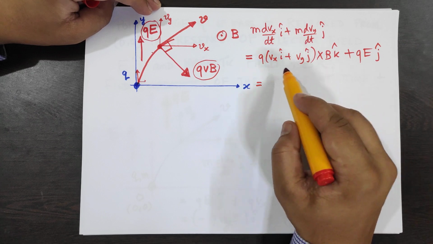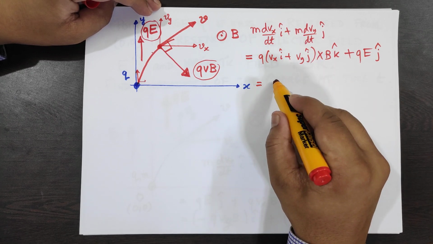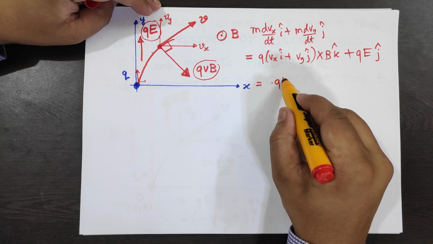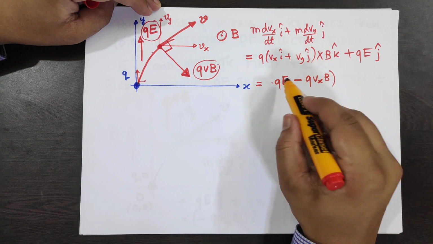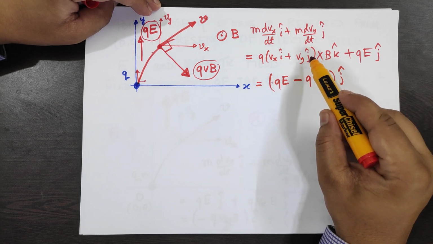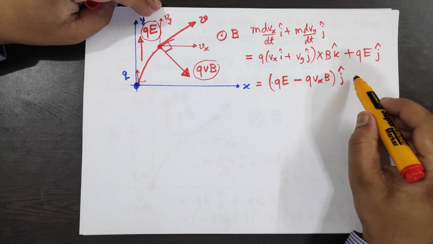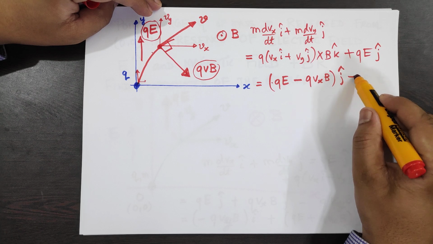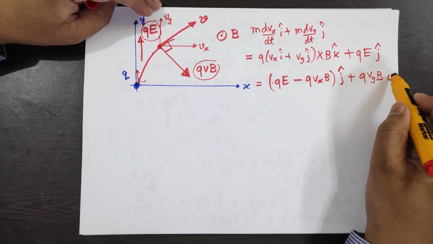So i cross k is minus j. So that's (qE minus qVxB) times j cap, and for this, j cross k is i cap. So that's qVyB times i cap.